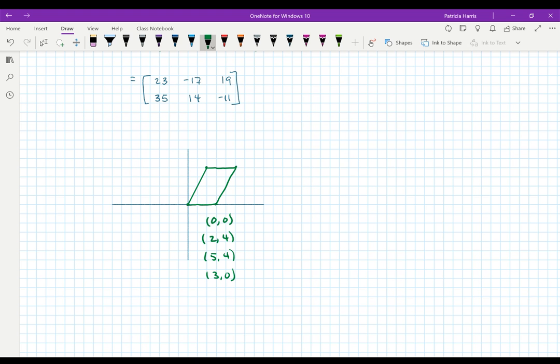Okay, so if I write that as a matrix, I'm going to write my x values as a row, and then I'm going to write my y values in a row. So basically, all of these points would look like this. 0, 0, that would be my first point. 2, 4, 5, 4, 3, 0. Okay? So x is on the top, y is on the bottom.